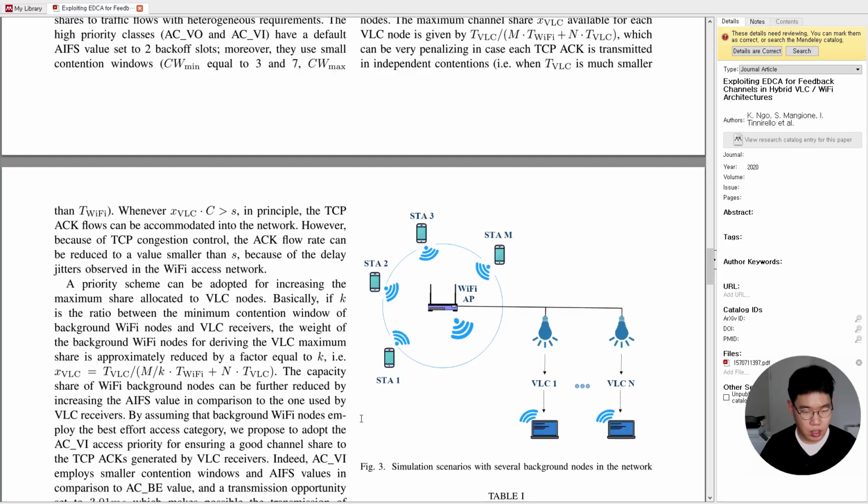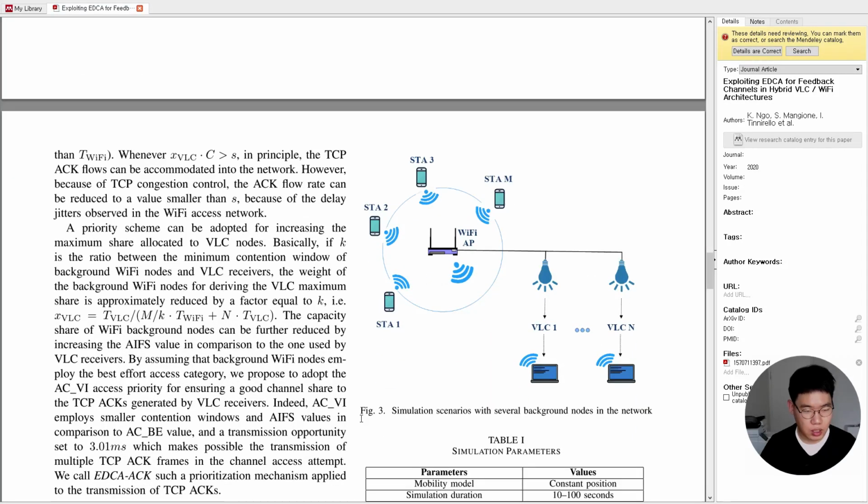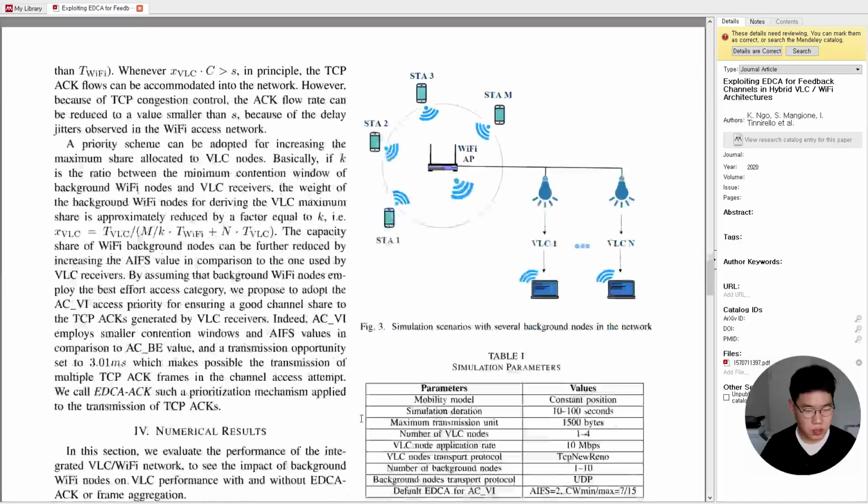Indeed, AC_VI employs smaller contention window and AIFS values in comparison to the AC_BE values, and a transmission opportunity set to 3.01 milliseconds, which makes possible the transmission of multiple TCP ACK frames in a channel access attempt. We call this prioritization mechanism applied to the transmission of TCP ACKs EDCA.